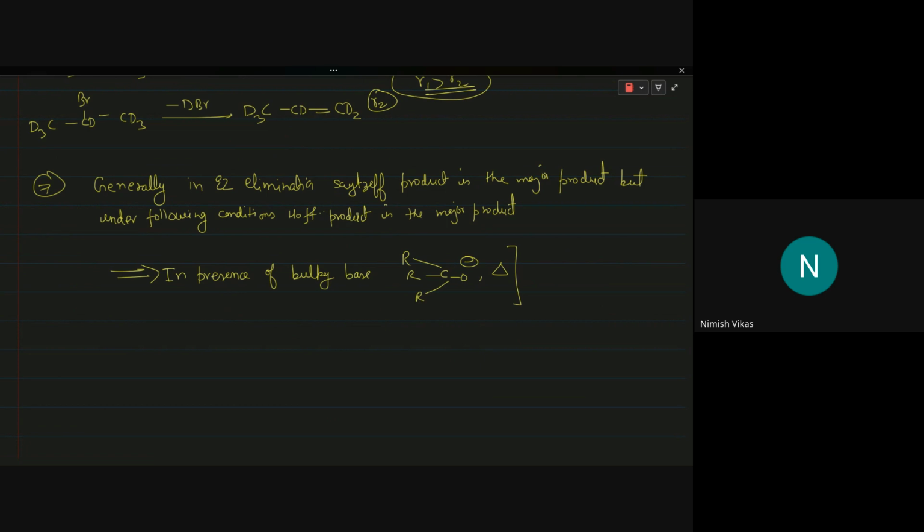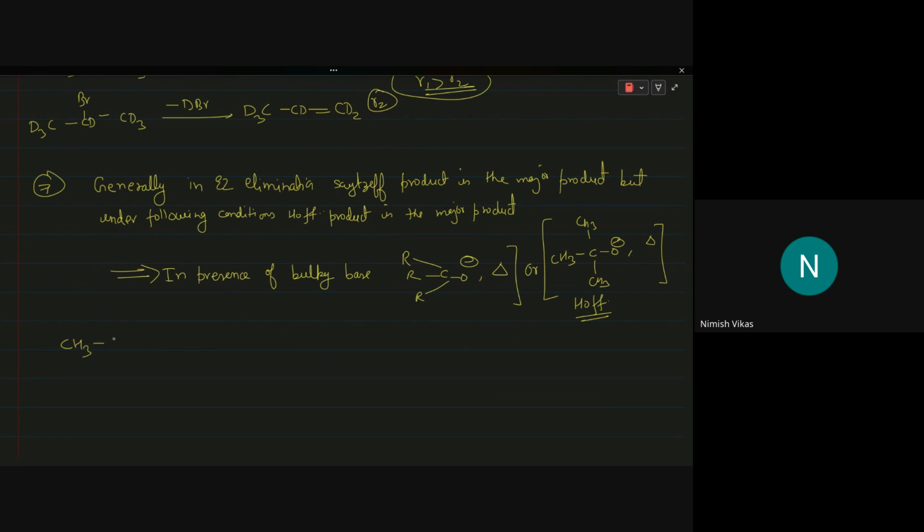Now, why is the Hofmann product the major product? The best example of this particular thing is tertiary butoxide. CH3, CH3, here also it is CH3 and then O minus. So if you heat the compound with this particular base, you are going to get the Hofmann product as the major product. Let us take one example.